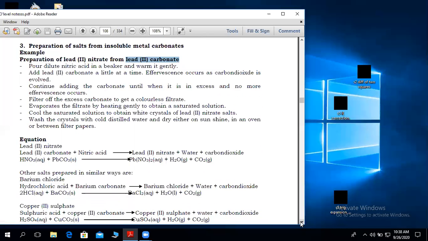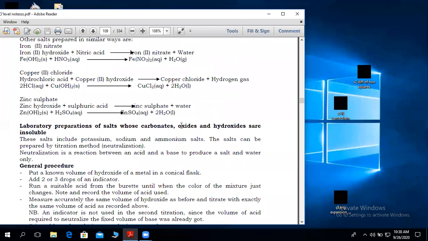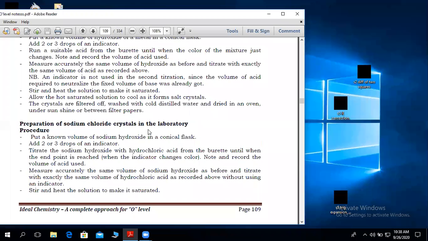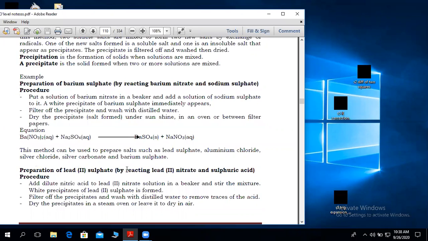Maybe something small. Preparation of insoluble salts. Now, the salt that I had told you to prepare was lead 2 carbonate.